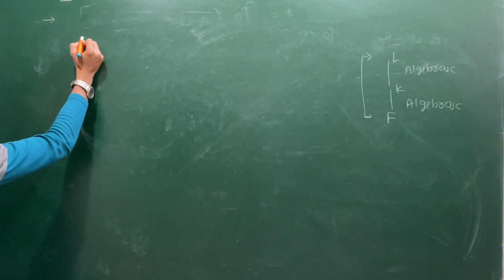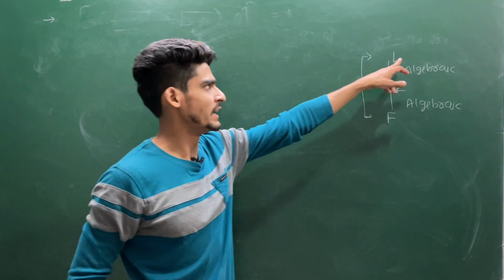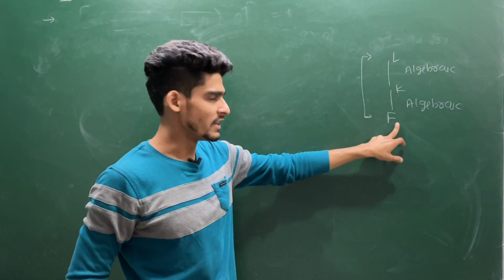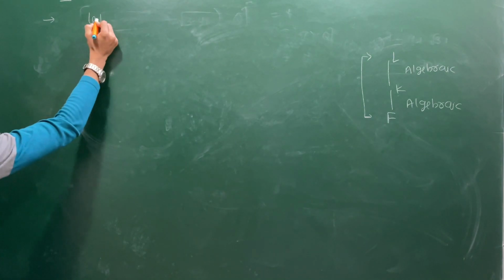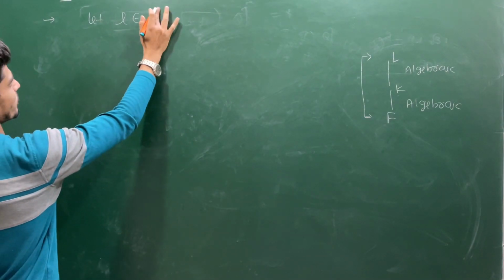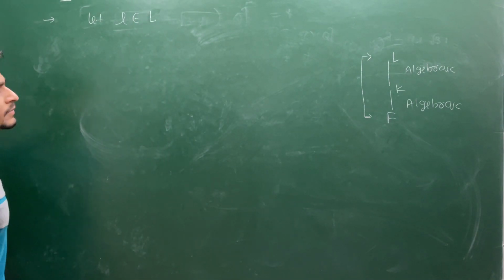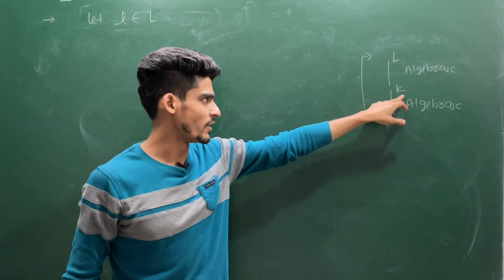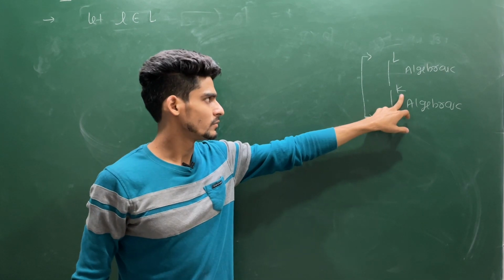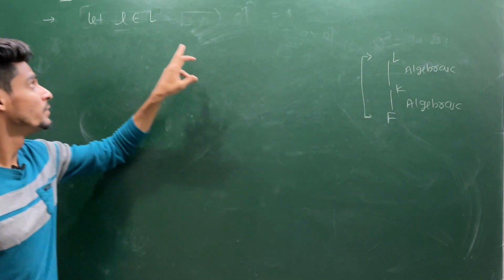Suppose I prove that every element in L is algebraic over F, then I am done. Let's choose l to be any arbitrary element of this L. Since this L is algebraic over K, that means there is a polynomial which is defined on K and contains l as a root.